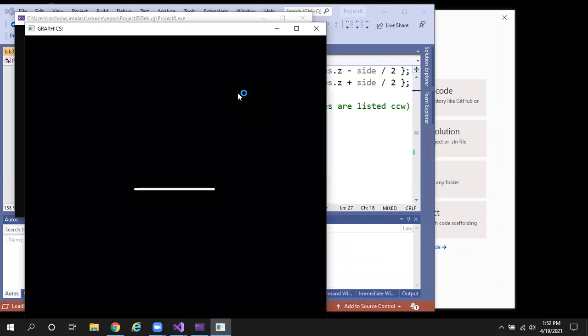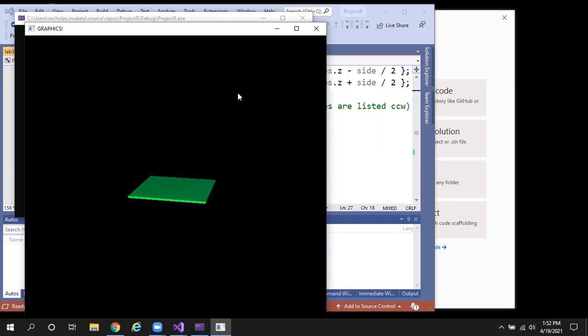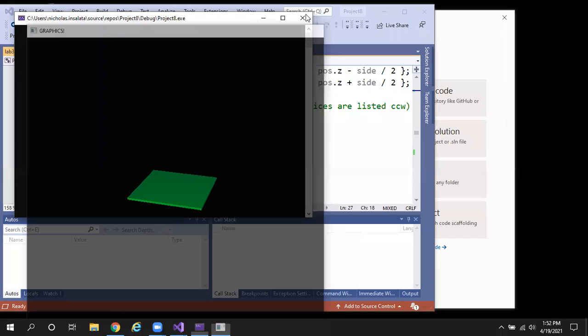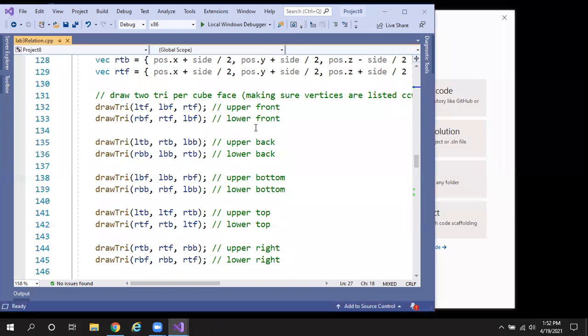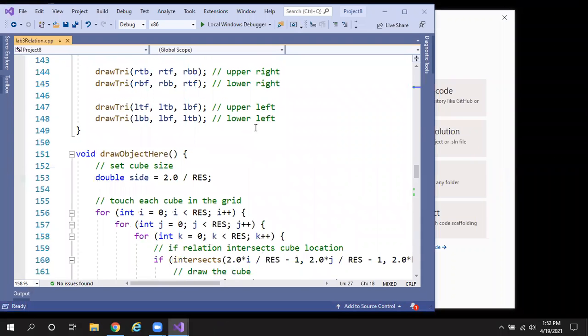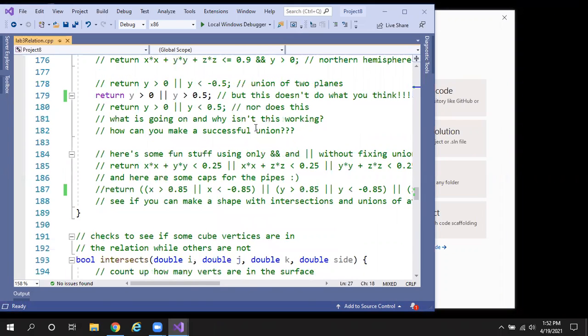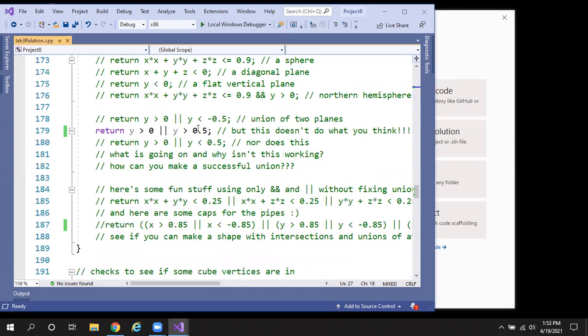All right, so we've got one plane here. What did we expect to get? Well, there it is: y is greater than 0 or y is greater than 0.5. So we were expecting there to be two planes.